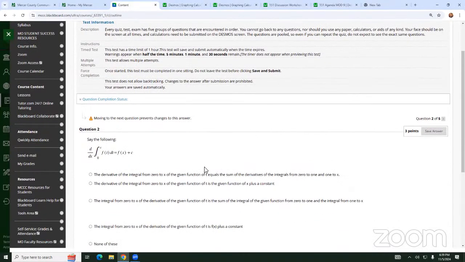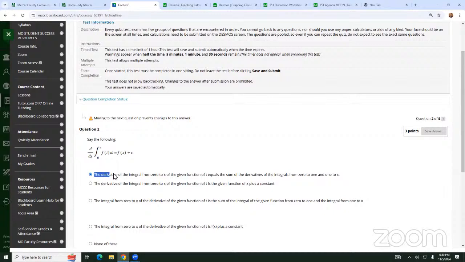Say the following. I didn't go over any of these yet; I'll go over more next time. What does d/dx mean? You should know that from the other part: when you put a d over dx, it means the derivative. And then the other part is the integral.